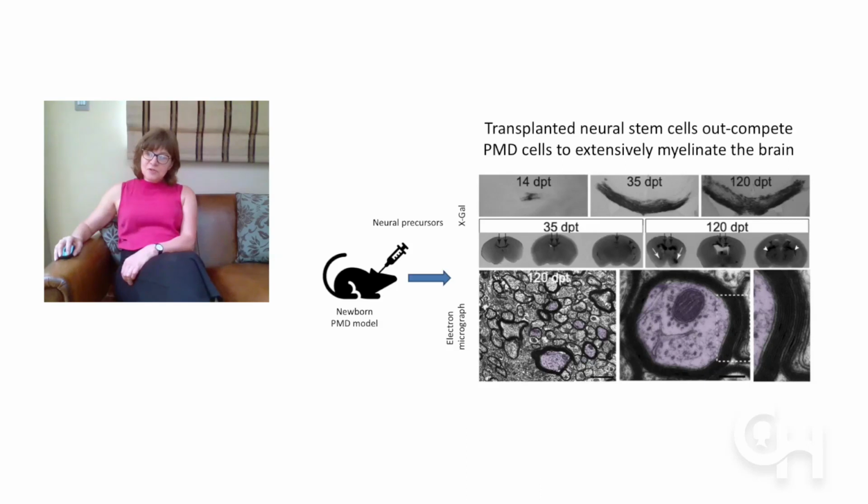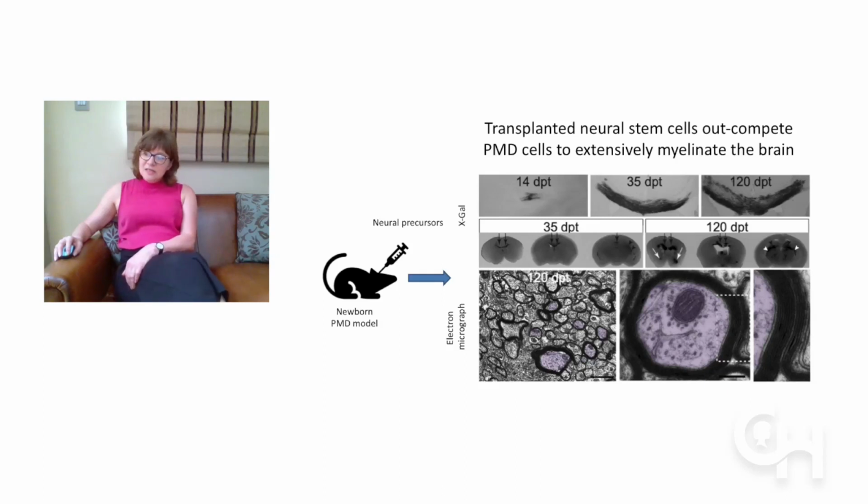We waited for 14, 35 and 120 days, represented in the images on the top there, 14 days post-transplantation, 35 days post-transplantation and so on, and examined the brains of the transplanted mice.